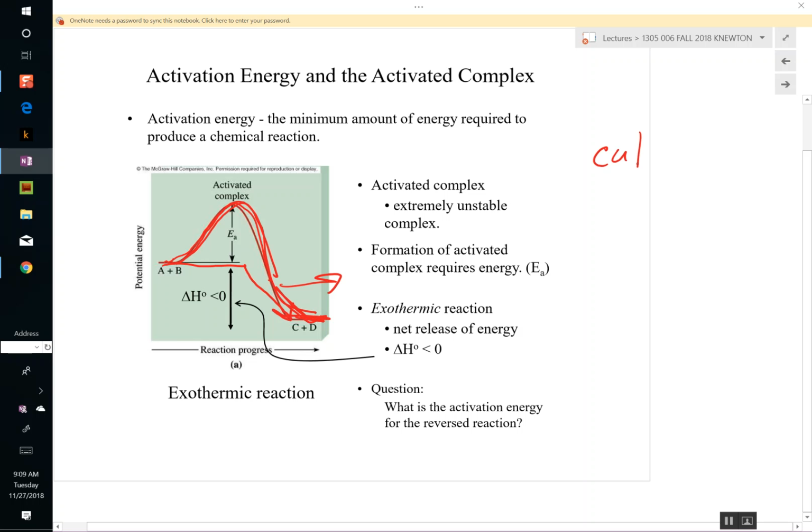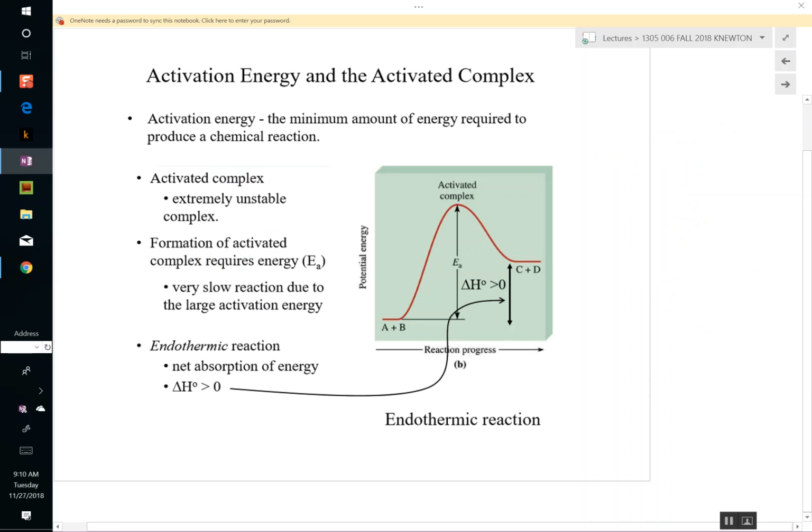And what I want you to understand there is that catalysts lower activation energies and therefore speed up reactions. So that's one way of speeding up a reaction.